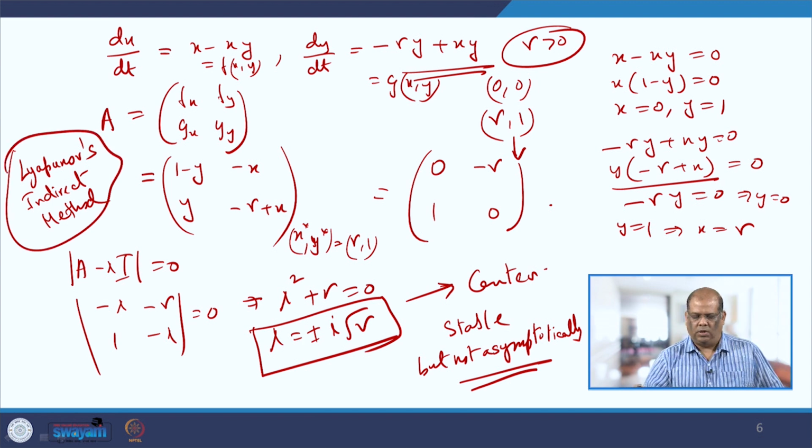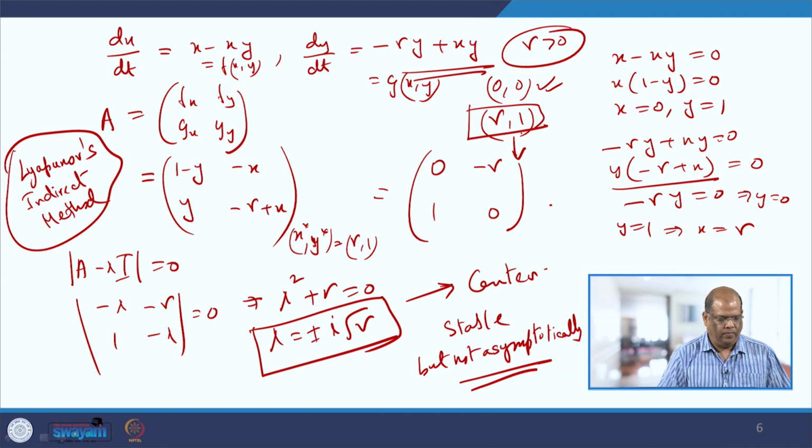Let us now use Lyapunov's direct method, where we use the function V(x,y) and instead of taking (0,0), we take (gamma, 1) to be our equilibrium point. As I told you, the Lyapunov function becomes typical for a particular problem.